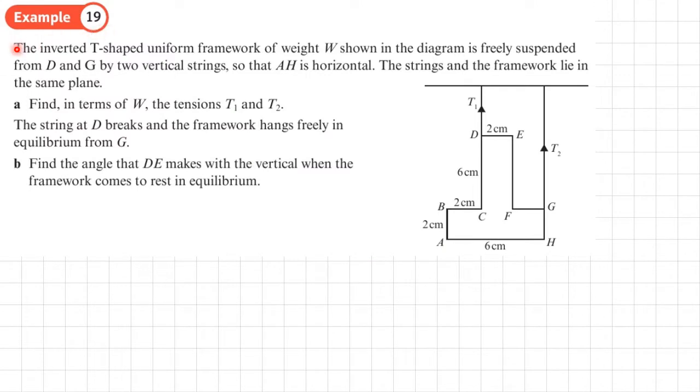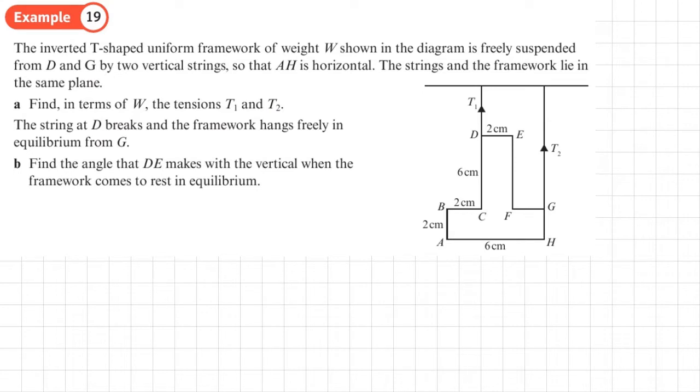Example 19. The inverted T-shaped uniform framework of weight W is shown in the diagram, and is freely suspended from D and G by 2 vertical strings, so that AH is horizontal. So this is horizontal here. The 2 strings and the framework lie in the same plane. What we need to do is to find, in terms of W, the tensions T1 and T2.